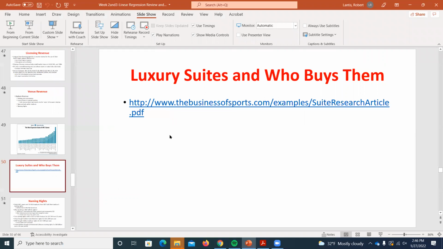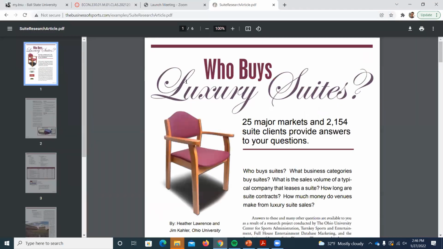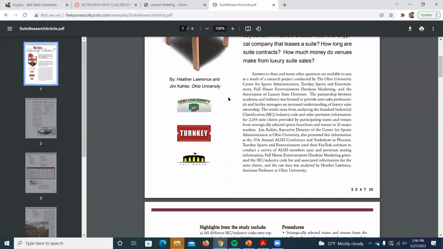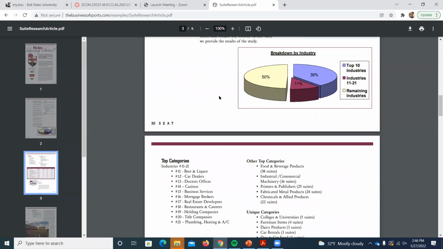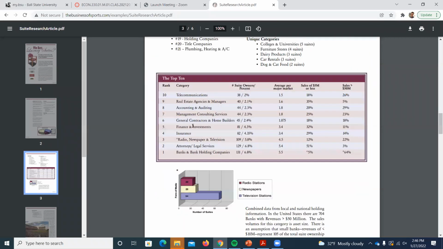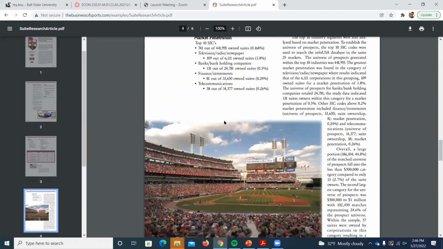And if we pull up this link, I found this, and it's kind of an interesting little paper. It's not real academic, but it walks through. It did a survey of a bunch of different teams and different companies, and notice who purchases the suites the most: banks, attorneys, legal services, big law firms. You can get the breakdown of different industries and how many of them are buying suites.